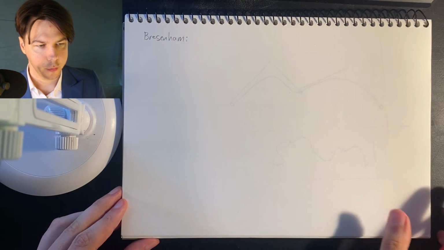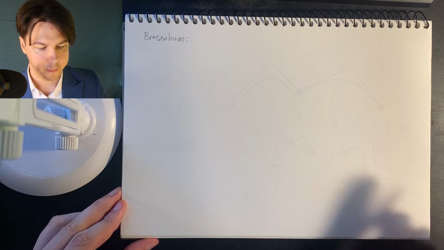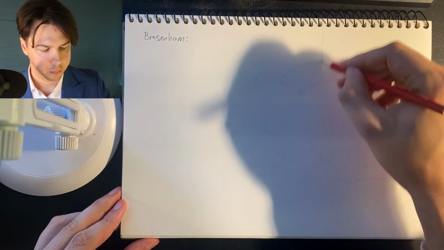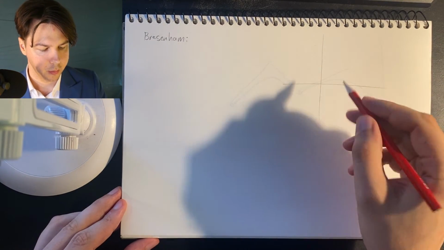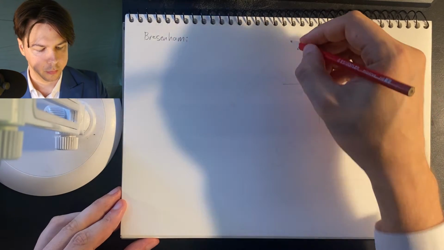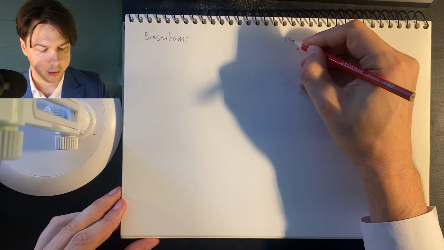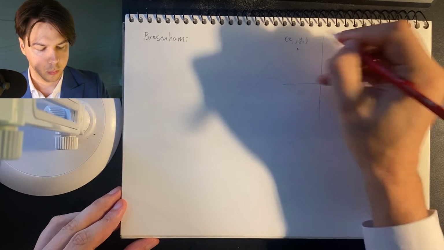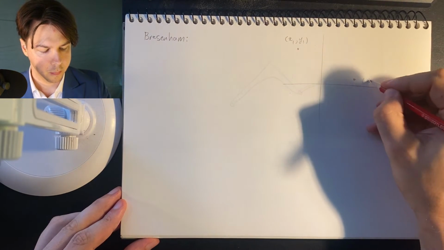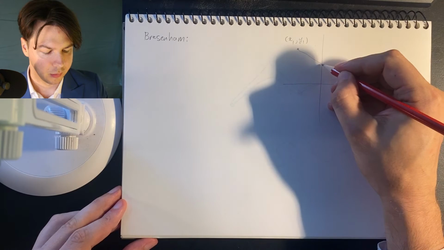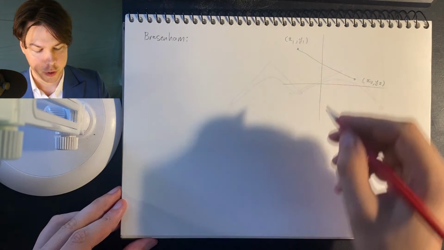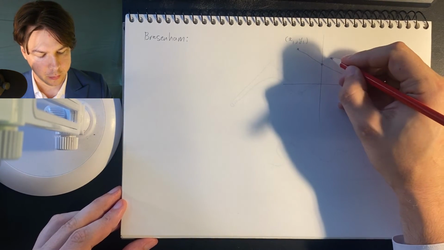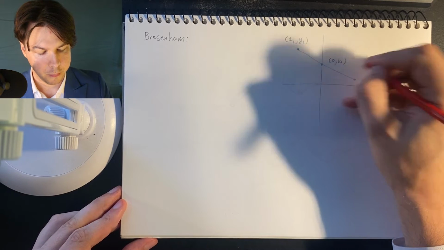Okay, so imagine that we have a line. Let me just sketch this out. So we'll have a line from x1, y1. It's a little dodgy. And we have an intercept here, so I'll just call this 0, b.